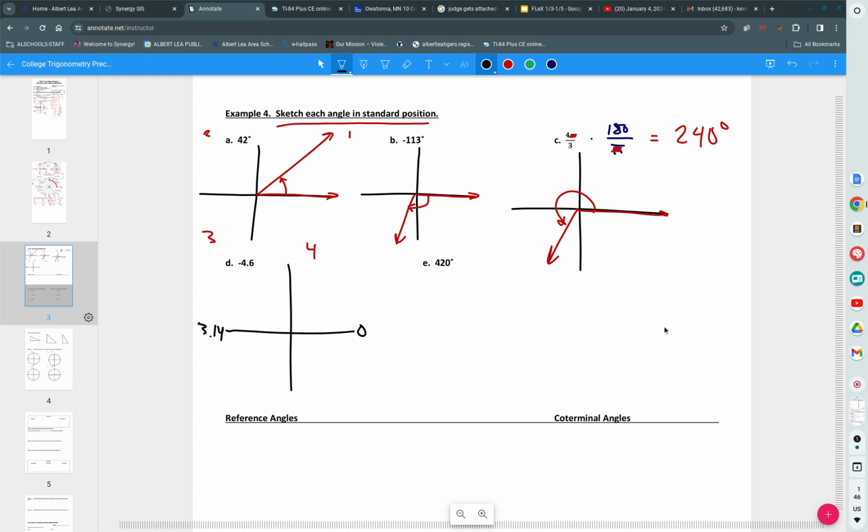I'm doing this because you should get comfortable with the decimals as well. If I go half of 3.14, you get 1.57. And then if you go 3 pi over 2, you get 4.71.